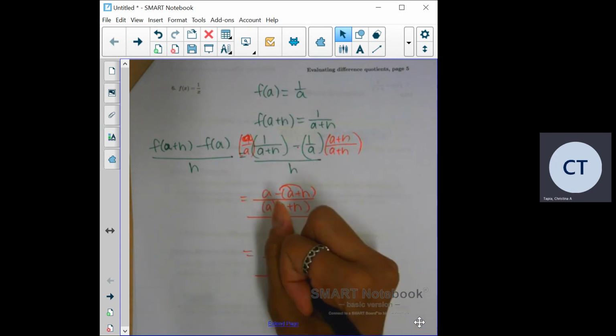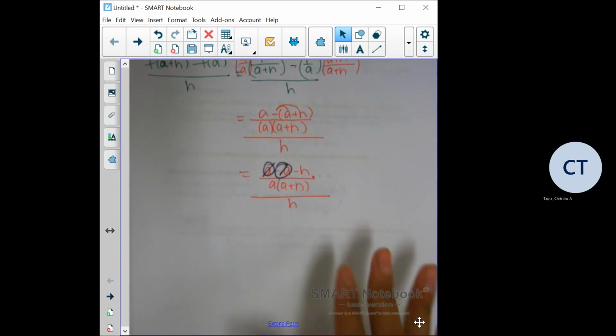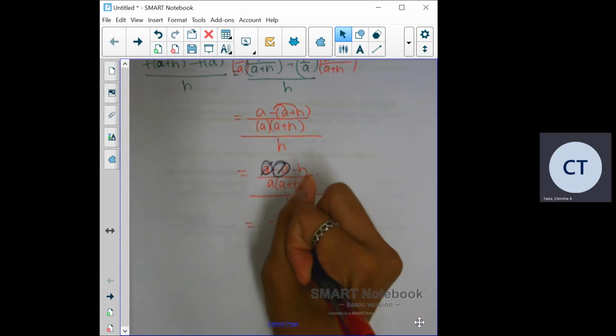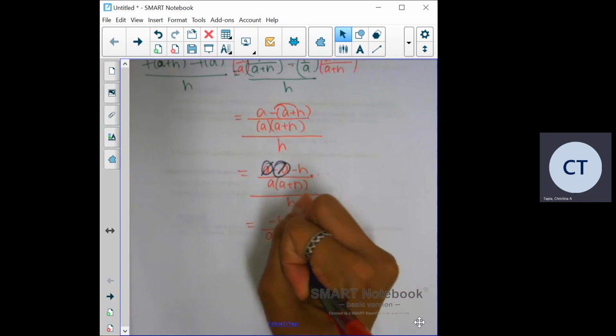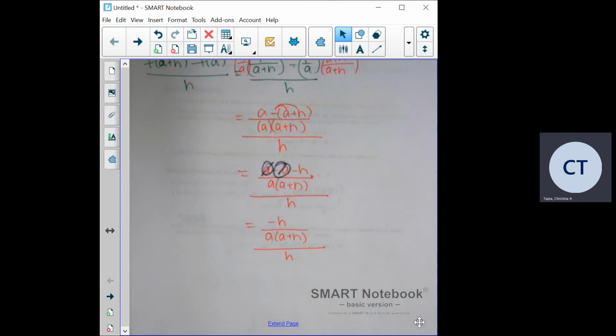In your numerator, both of the a's cancel. So I'm left with negative h over a times a plus h all over h. Take a second and look at it. If you have a question, now's a perfect time to ask.